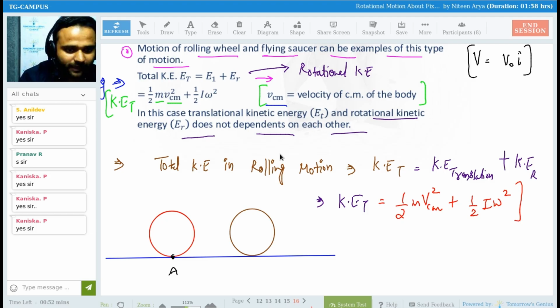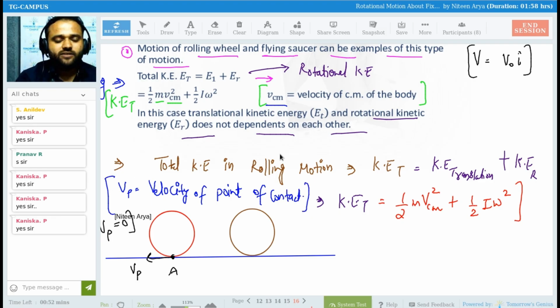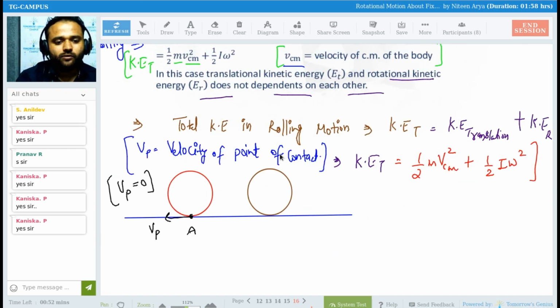The velocity of that point is going to be 0. V_P stands for velocity of point of contact, so V_P is 0 in rolling motion.